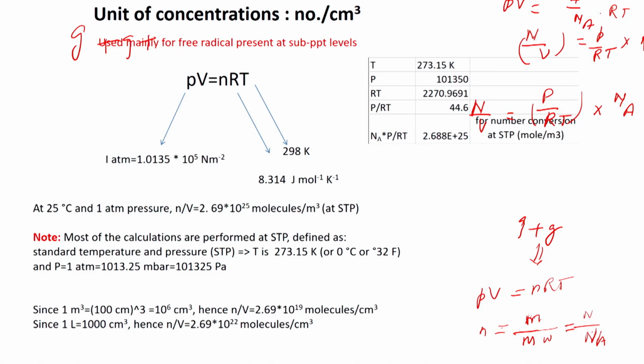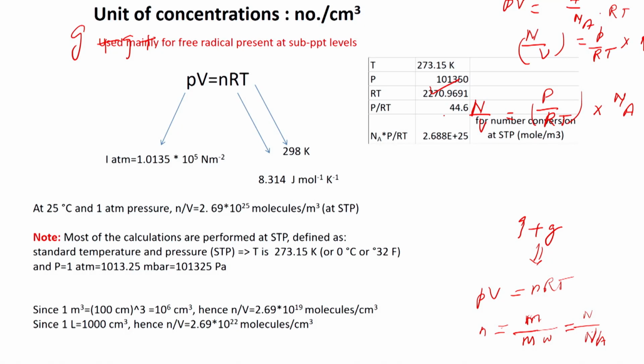So, now let us go back to these calculations. If we use these equations, I have done the calculations for you. If you see this table here, I have taken temperature as 273.15 because we usually do gaseous calculations at STP, and pressure as 1.01350 into 10 to the power 5 Newton per meter square.